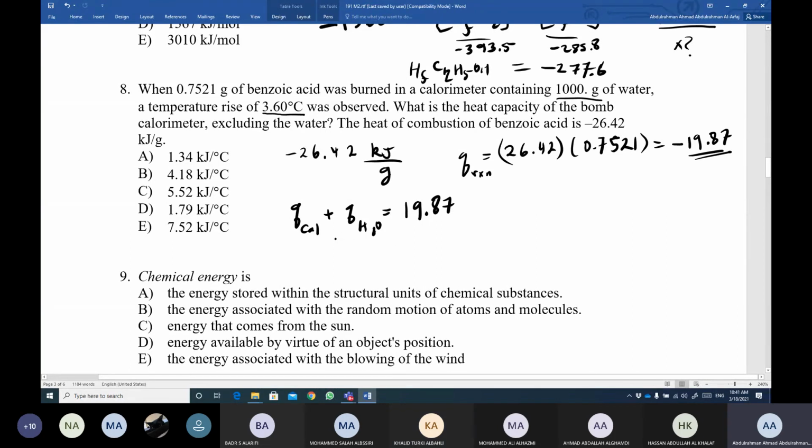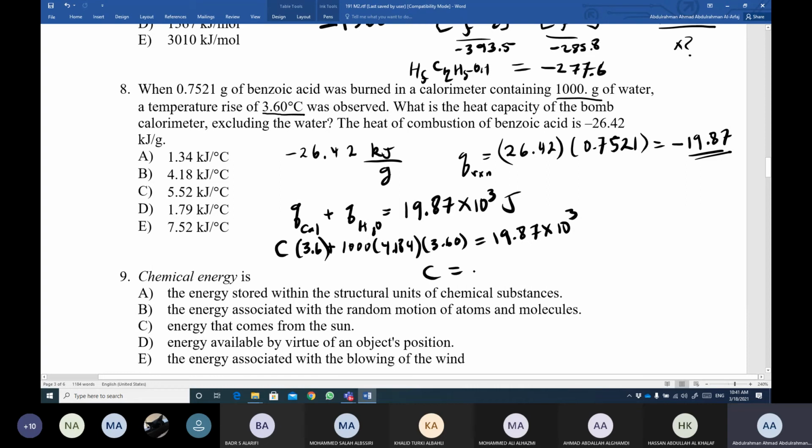Okay, what's the Q of water? We know it. It's 1,000 gram times 4.184 times 3.60, and this is, of course, times 10 to the power 3 to make it joule. All right? What's the Q calorimeter? C of calorimeter times 3.6. That's it. And this is equal to 19.87 times 10 to the power 3.